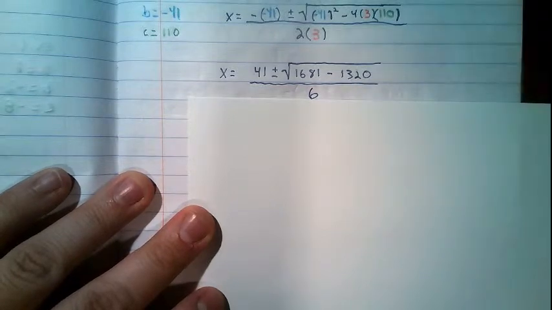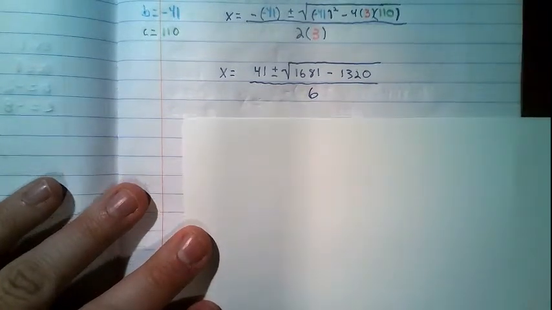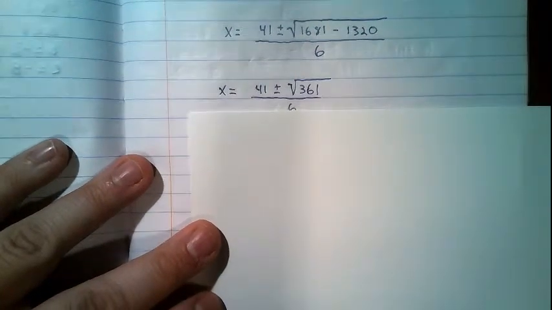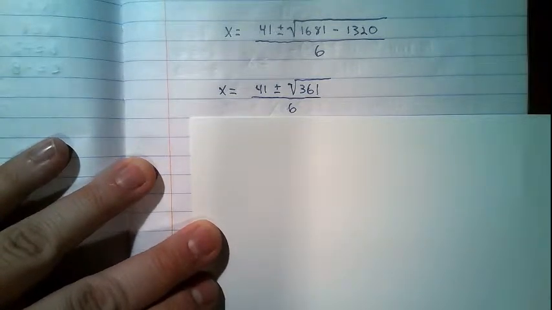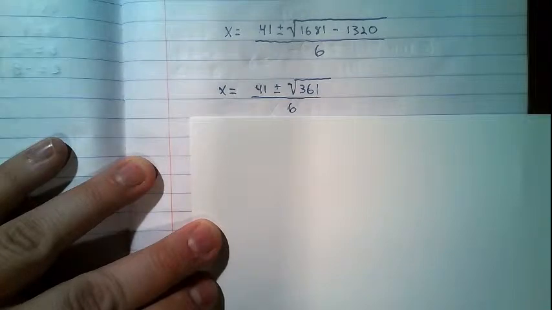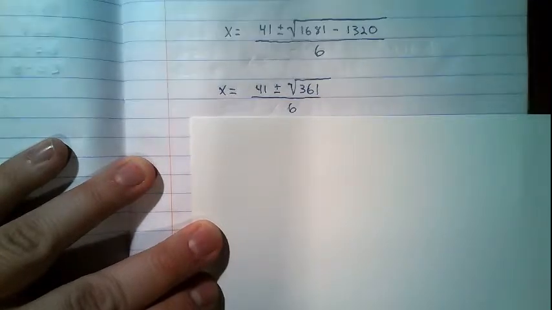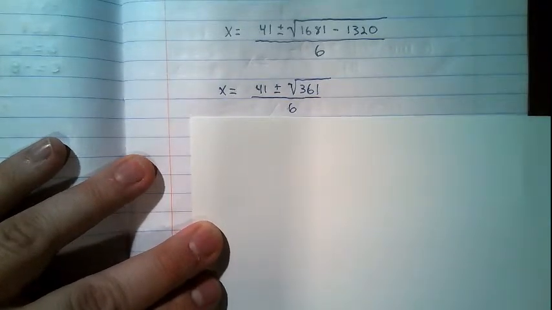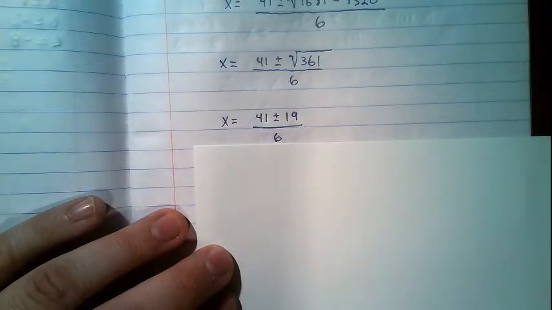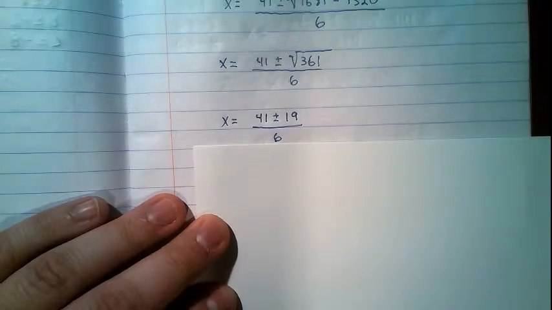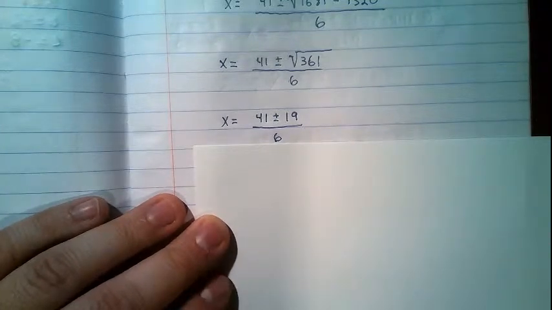So I'm just going through the process for each step. Doing that subtraction inside the radical, I get 41 plus or minus the square root of 361, again over 6. The square root of 361 is 19, so I've got 41 plus or minus 19 over 6.